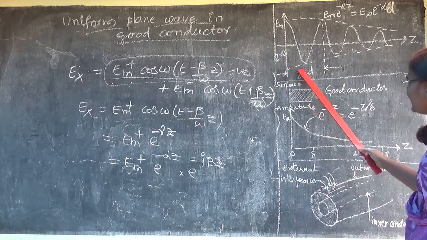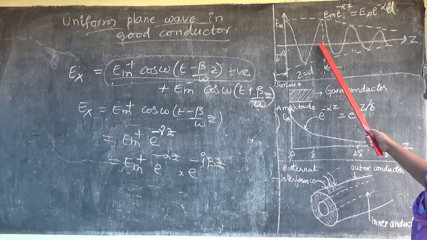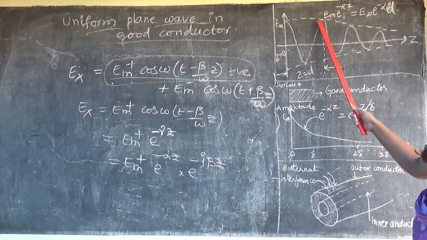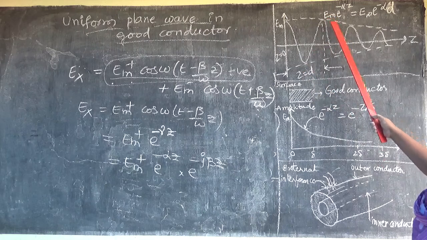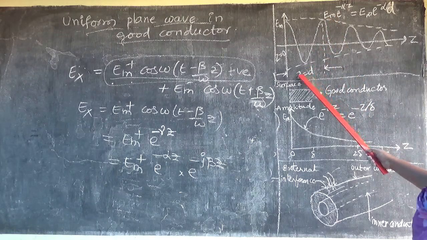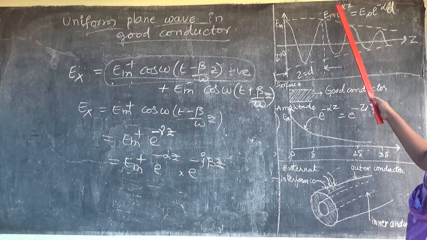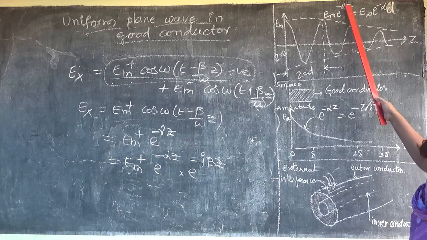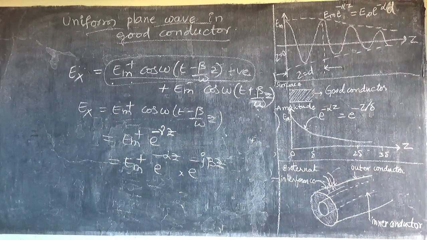After traveling a distance of d, its amplitude will be this, it has decreased. So what is the formula? After traveling a distance d means z equal to d, so the amplitude will be Em into e to the power of minus alpha z, that is e to the power of minus alpha into d. So d is the distance.